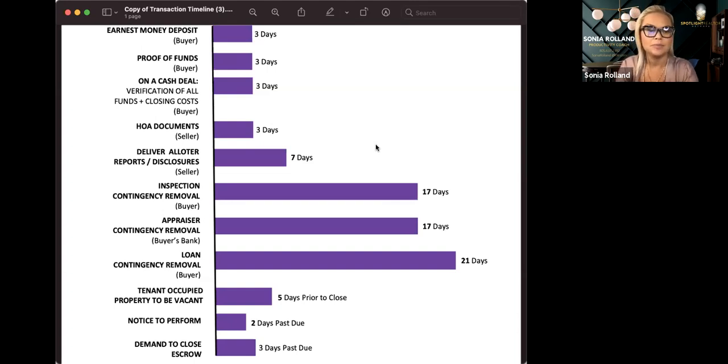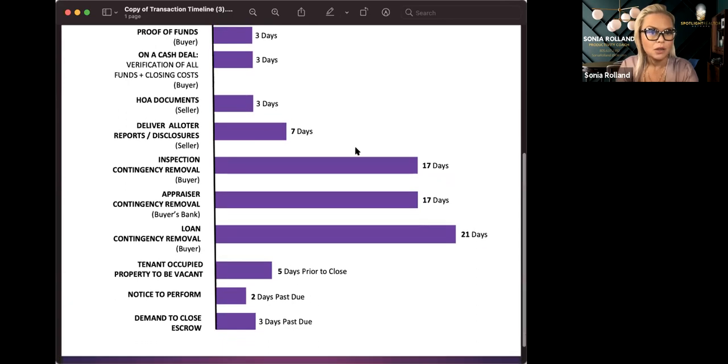So you're going to order a natural hazard disclosure that you're required to give to the buyers if you're on the seller side, and that's due in 7 days. And any other documents and disclosures, like the seller disclosures, you have 7 days to give to them.